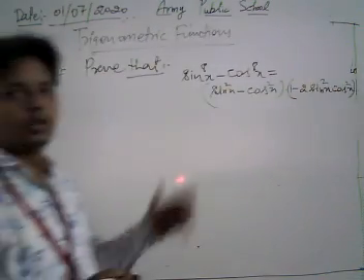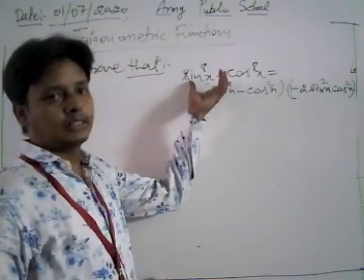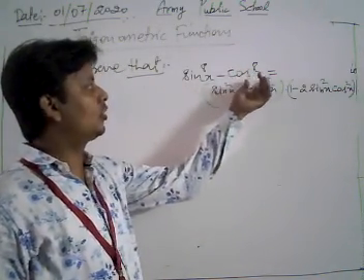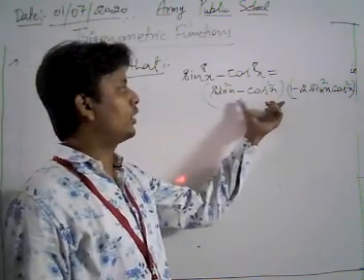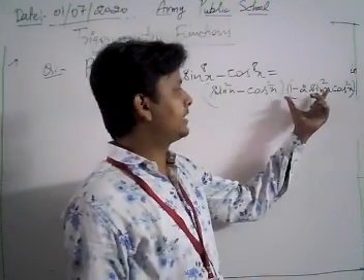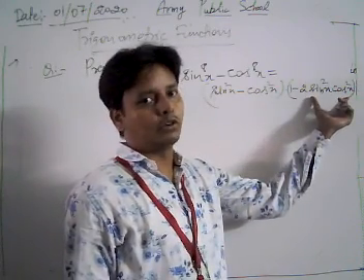Okay, this is your question. We have to show that sin to the power 8x minus cos to the power 8x is equal to sin square x minus cos square x into, in the second bracket, 1 minus 2 sin square x into cos square x.